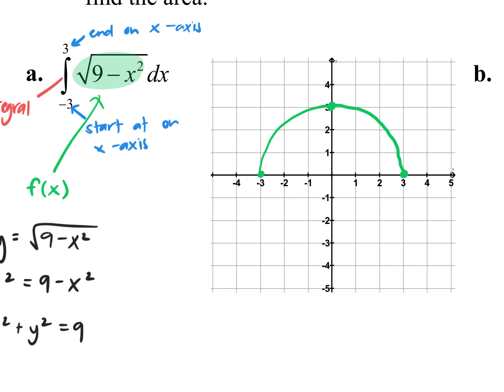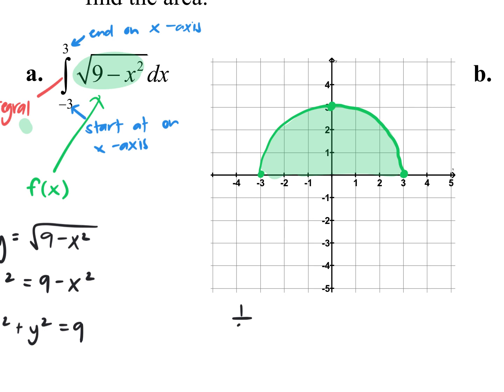Now, using our knowledge of geometry, I want to find the area underneath the curve to the x-axis. Well, how do I find the area of a circle? Pi r squared, divided by 2, right?